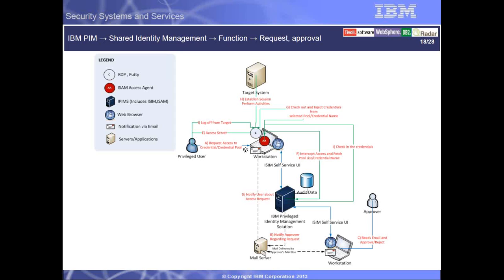So once the user gets a notification, he goes to that server using RDP or PuTTY. He opens that session and types in the target server name. The moment he does that and hits connect, the access agent intercepts it and fetches the list of pools accessible to this user.